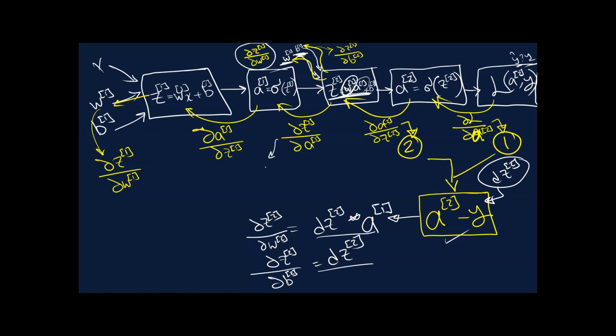So we can say that this will equal dz2 times w2. So that's the derivative at this part. And then let's call it dA1, relative to this name.